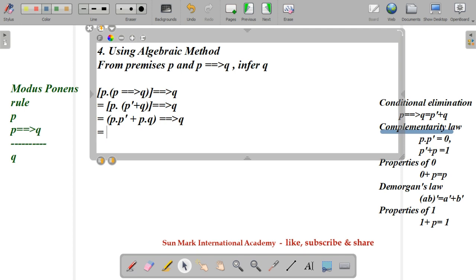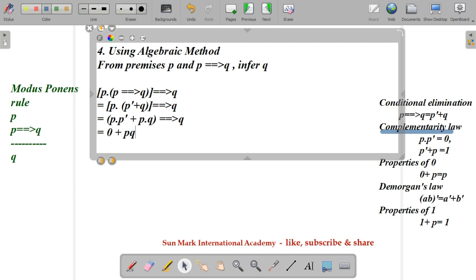P dot P dash equal to 0, we have learned through the complementarity law. The complementarity law says P dot P dash equal to 0 and P dash plus P equal to 1. So using the complementarity law, we substitute P dot P dash equal to 0.